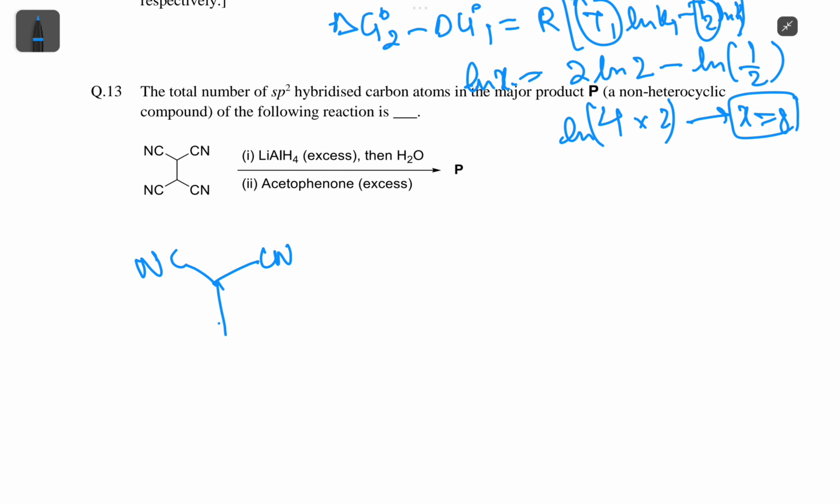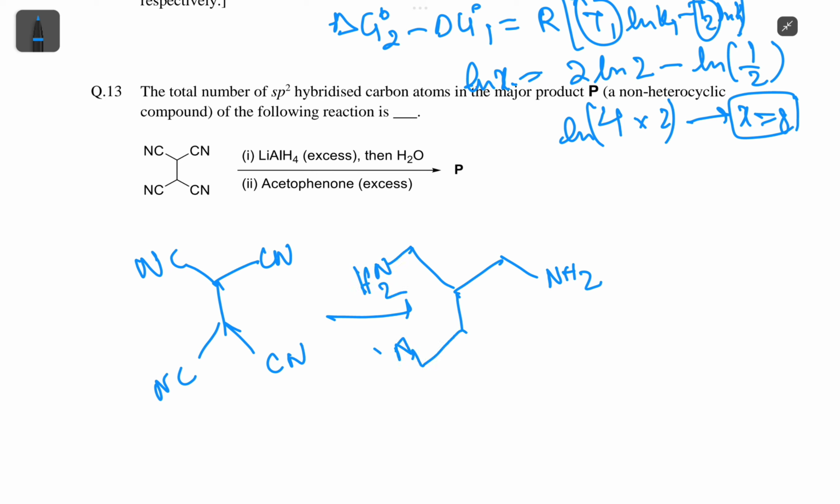I think this one was an easy question. So it is very obvious that this would be NH2, NH2, NH2 and NH2. And then after acetophenone, I do not actually remember the name of this reaction, but it is very clear what the product is, right?